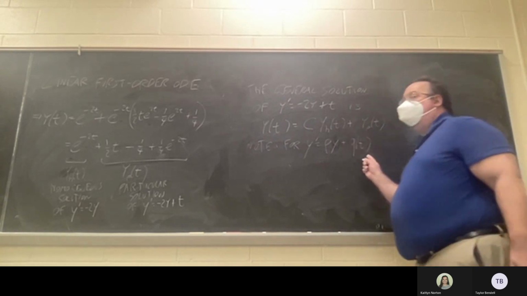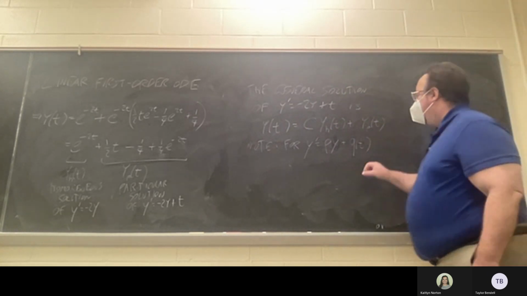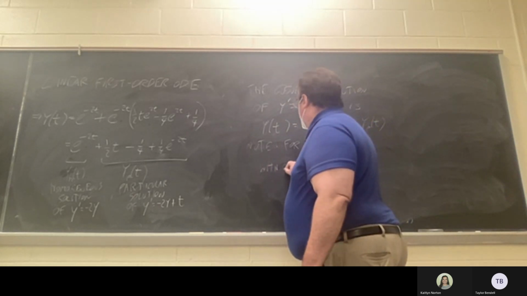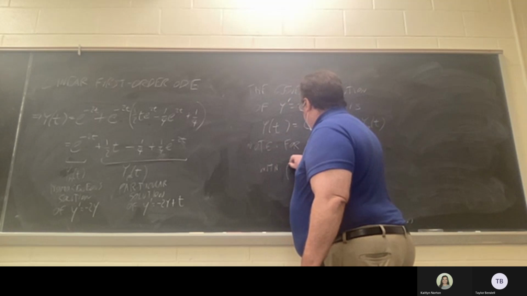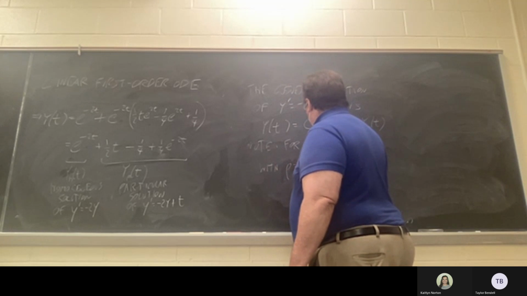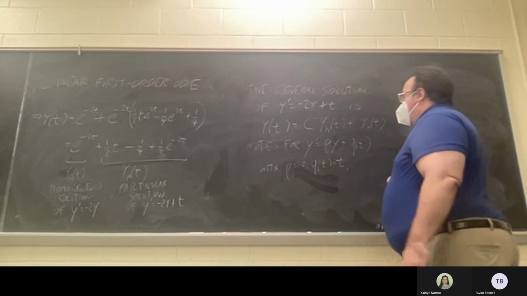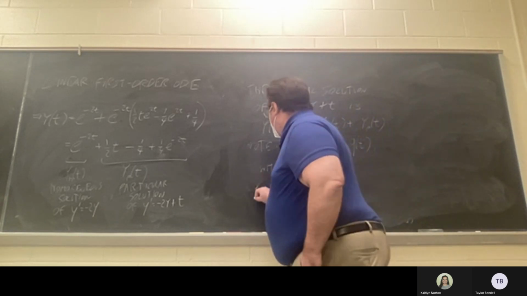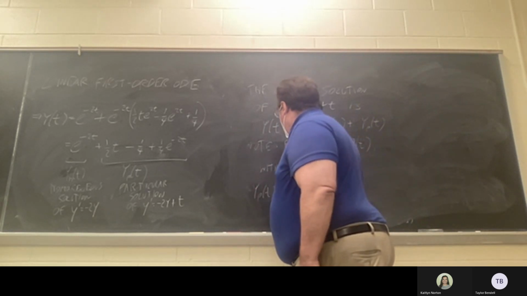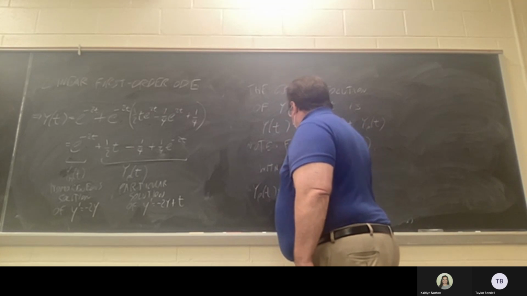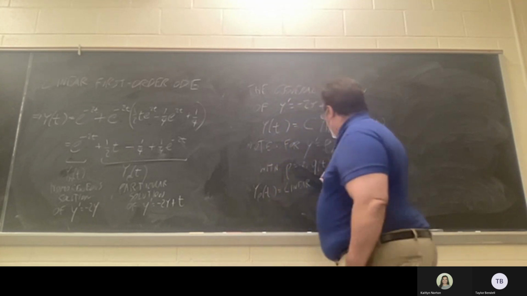So back to the general form of the ODE, but with p equal to minus 2 and q of t equal to t, then the particular solution that we got is a linear combination of certain functions.